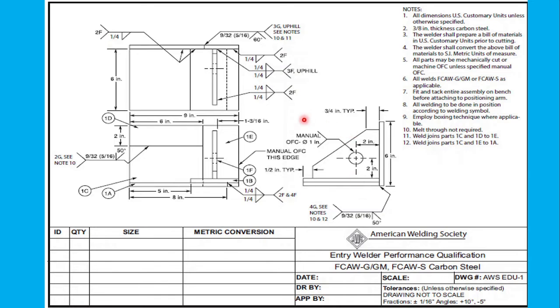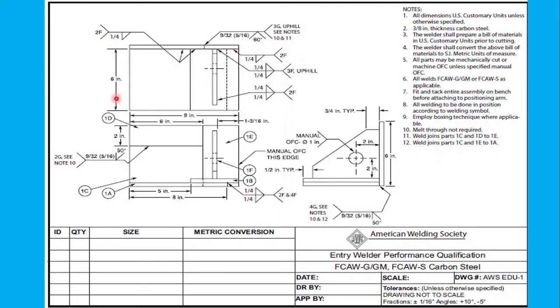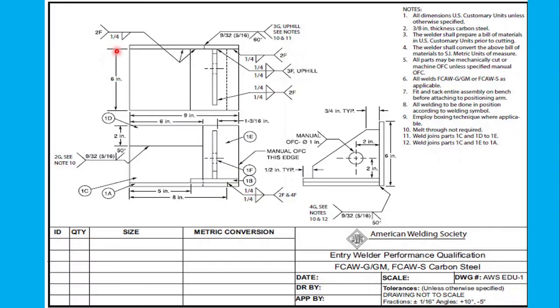Now let us see the dimension line. What are the dimension lines? Now these are the dimension lines. A dimension line indicates the dimensions or sizes of objects in engineering drawings. This one end has an arrow, here is the other end arrow, and in between the dimension is given.